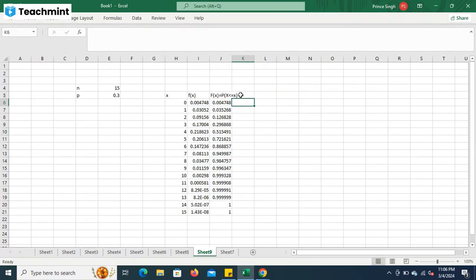This is the formula for the cumulative distribution function. Okay, so this is how we can perform the activity based on the binomial distribution.